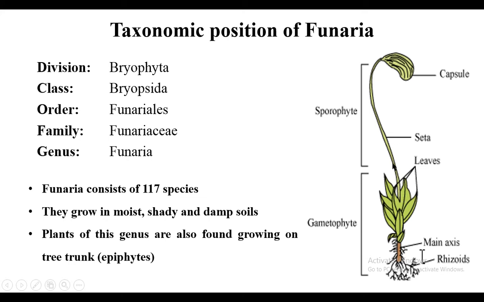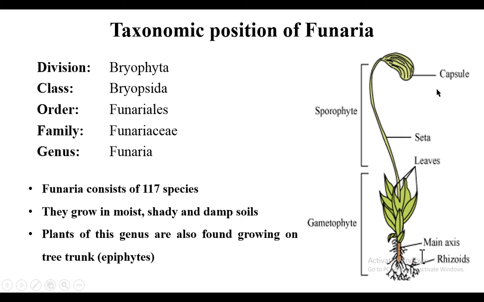Actually, this long stalk is the sporophyte, and this leaf-like structure and center stalk is the gametophyte. The gametophyte also has rhizoids. As the sporophyte depends upon the gametophyte, its structure that is embedded inside the gametophyte is known as foot, and this long stalk, stem-like structure, is called seta, and this terminal swelled portion is known as capsule.